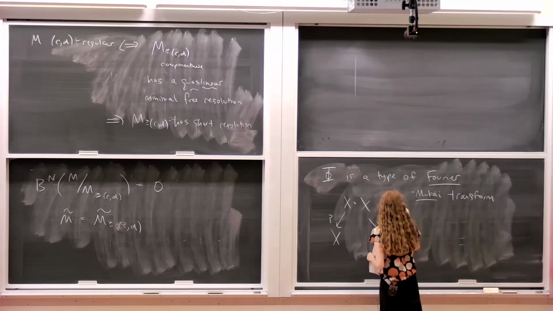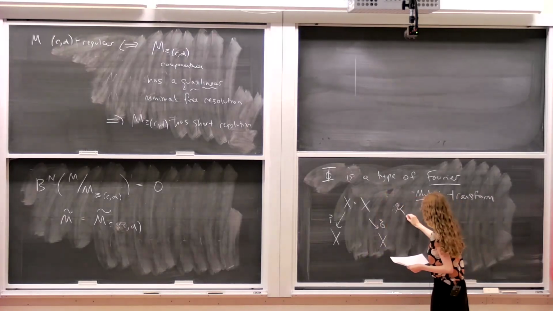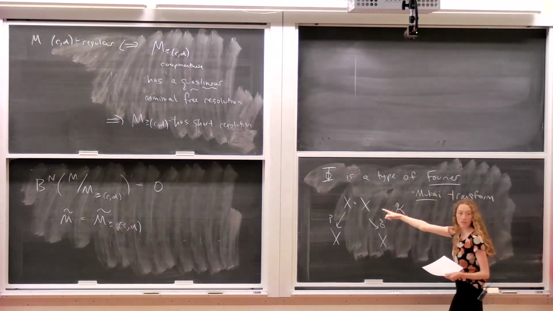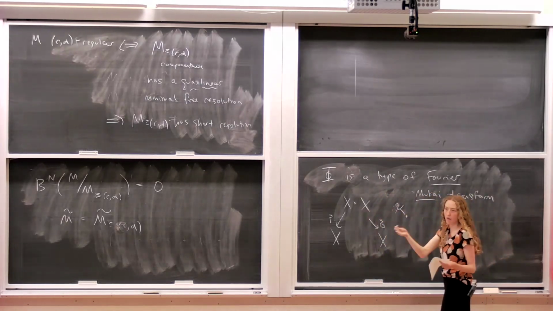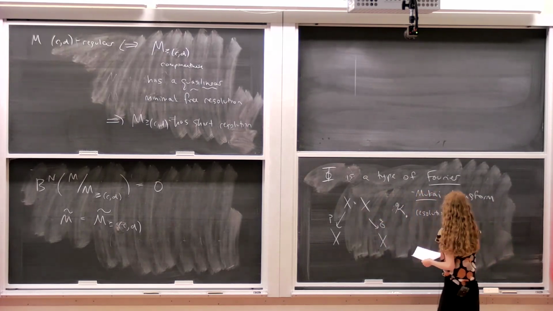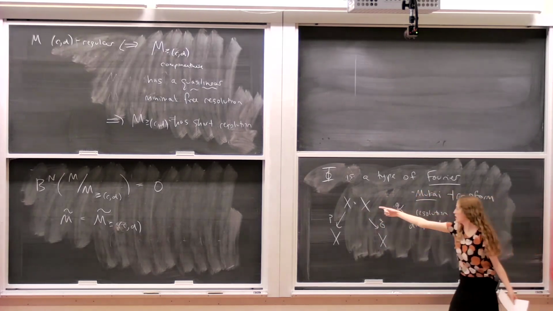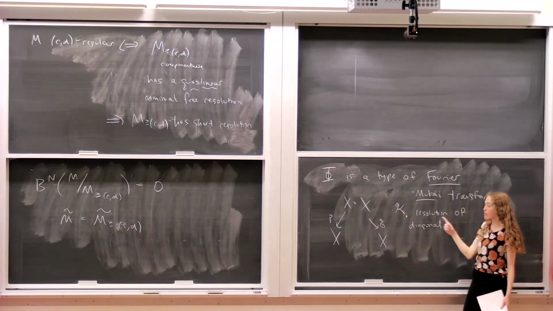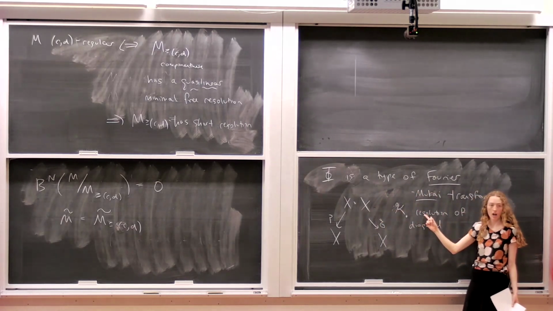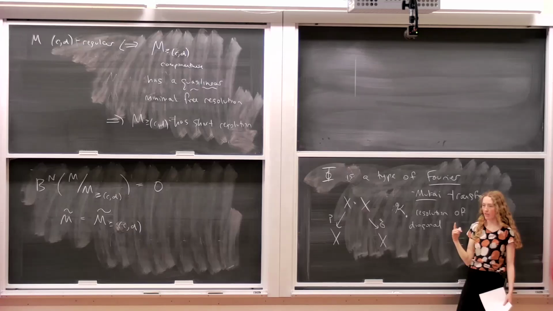So we're going to have some script K here that resolves the diagonal. Constructing this thing is the hard part of several of the proofs of the existence of short virtual resolutions. If you can get a resolution of the diagonal, then getting the rest of them is just a matter of applying this type of functor.